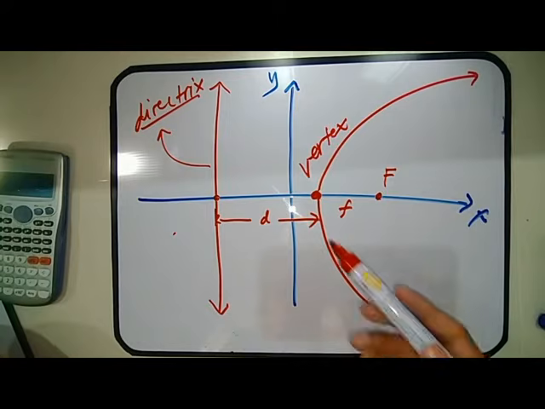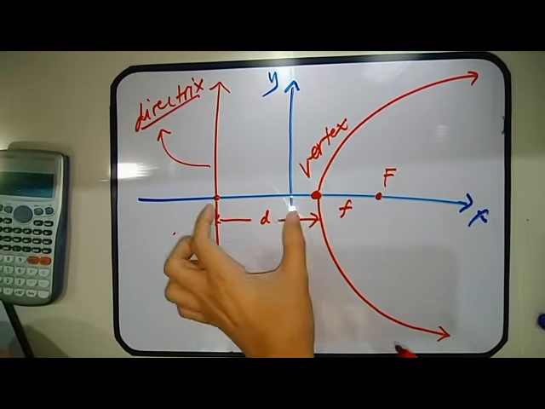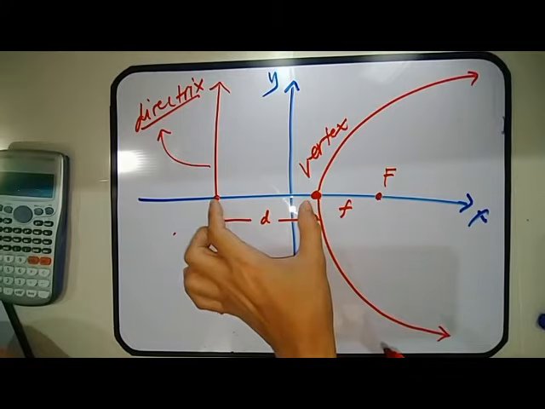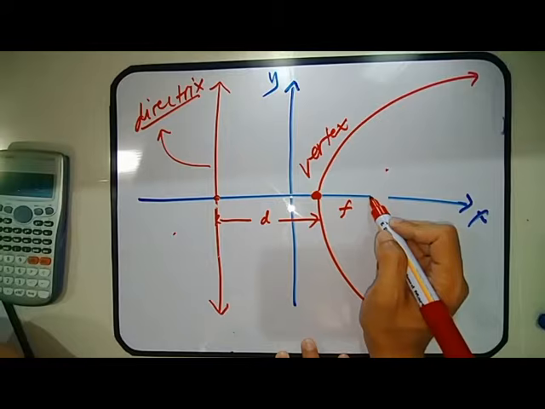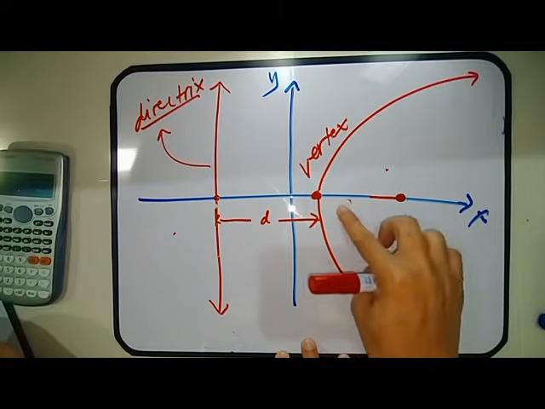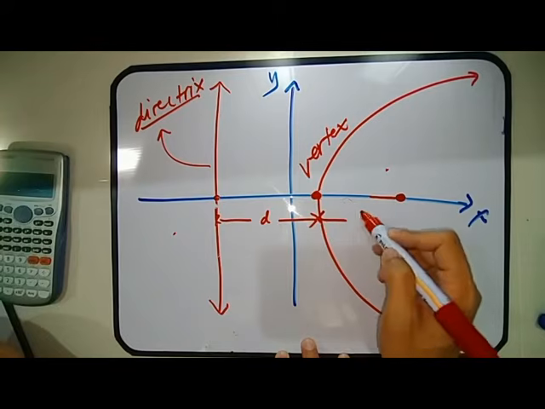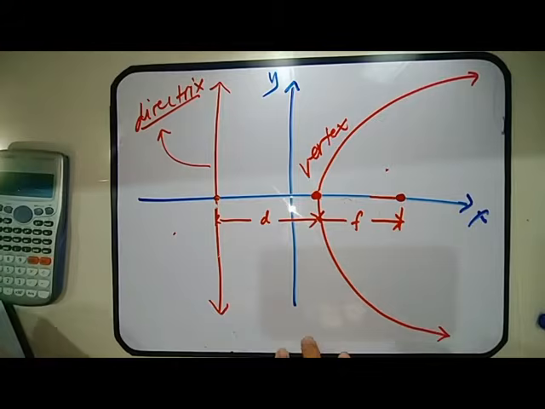Distance of the directrix from the vertex. Now, if this is a parabola, this distance will be equal to this distance. Hindi lang siya naka-scale. So, scale natin para mas realistic. So, let's say nandito. So, this distance, F, is equal to this distance. It means that this is a parabola.